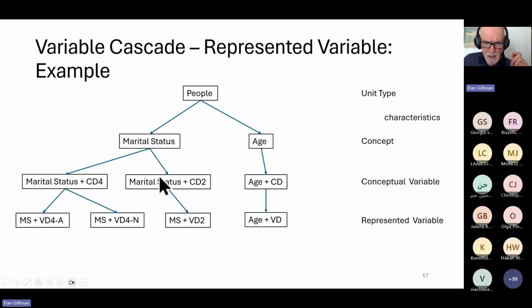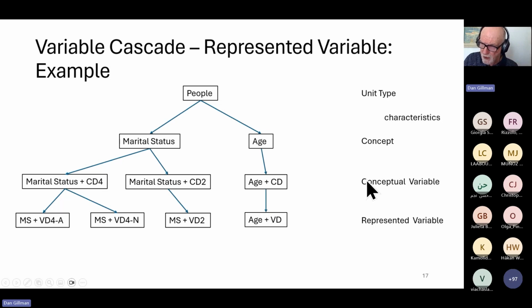Looking at this graphically again, for the four category marital status, we can use the letter codes or we can use the numeral codes. For the two category, we just have the letter codes, and then for the age, we have the Arabic numerals. And this is what the represented variable is about.